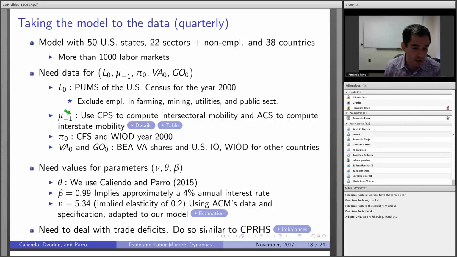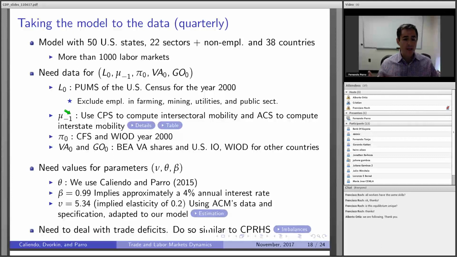And production data, gross value and value added, for different industries and regions in the United States come from the Bureau of Economic Analysis. For other countries, we obtain this production data and the parameters of the production function from the World Input-Output database.